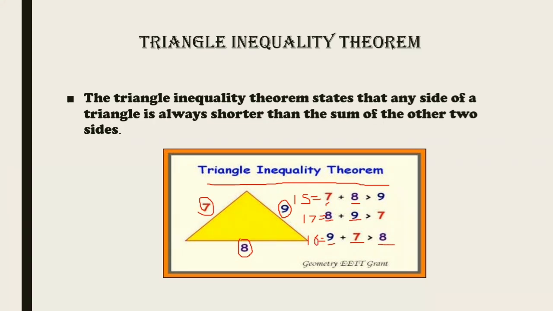So a triangle is only possible when all the sides satisfy these conditions, where the sum of two sides is always greater than the third side, or we can say that one of the sides is always shorter than the sum of the other two sides.